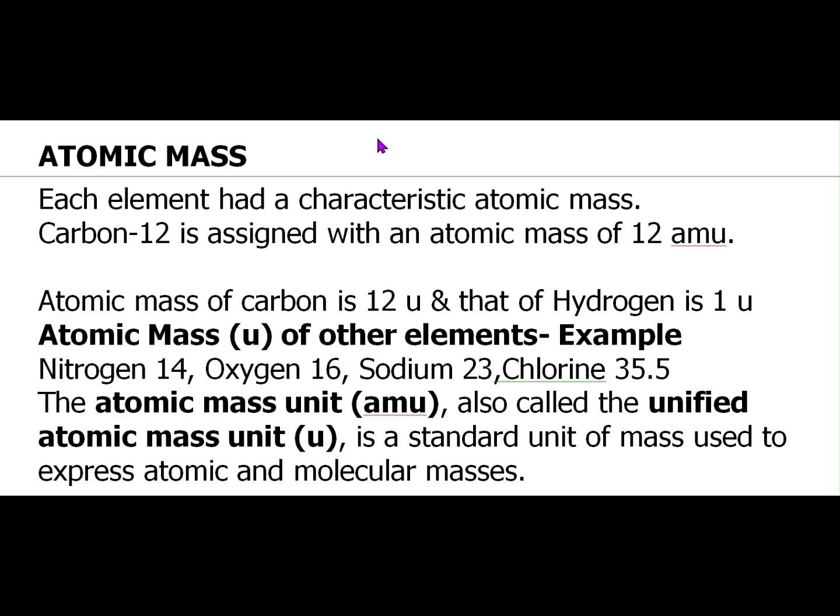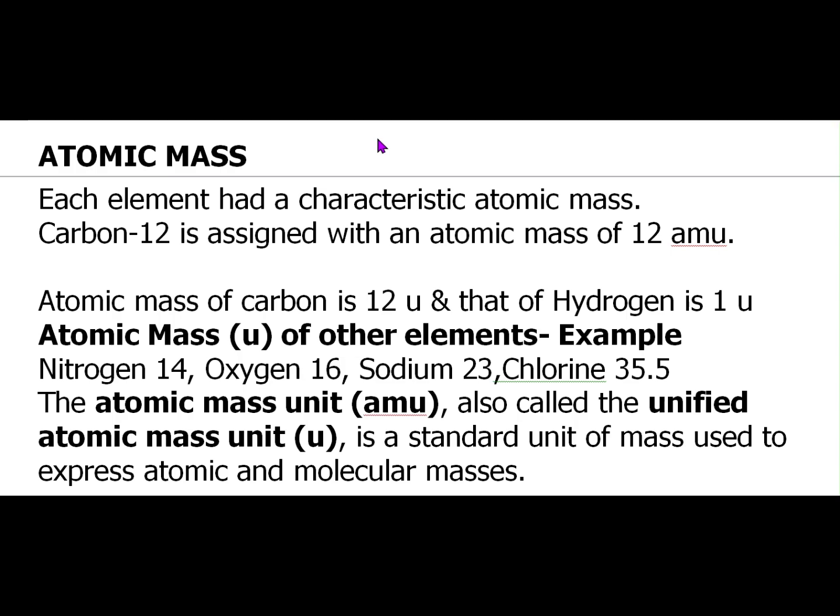The atomic mass unit, AMU, also called Unified Atomic Mass Unit, hereafter we will refer to as U instead of AMU, is a standard unit of mass used to express atomic and molecular masses.